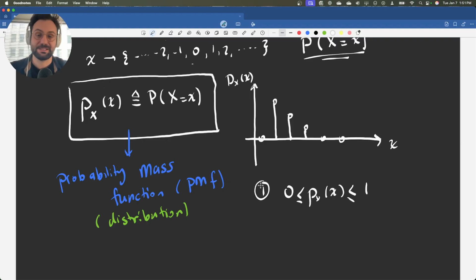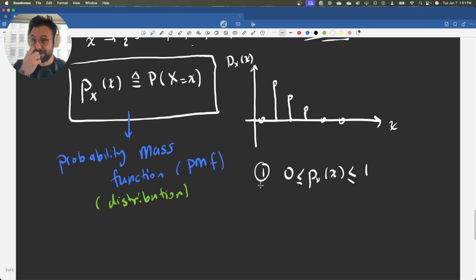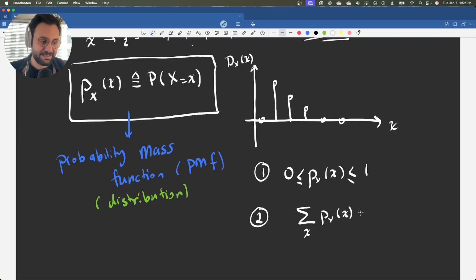That's the first axiom. The second axiom is that if we sum all of the probabilities over the space of possible outcomes, we get the number 1. So if I sum P of x over all of the x's, this number is guaranteed to be 1.